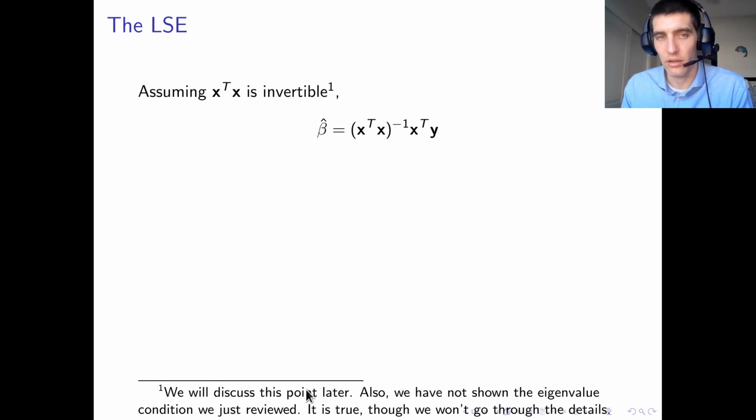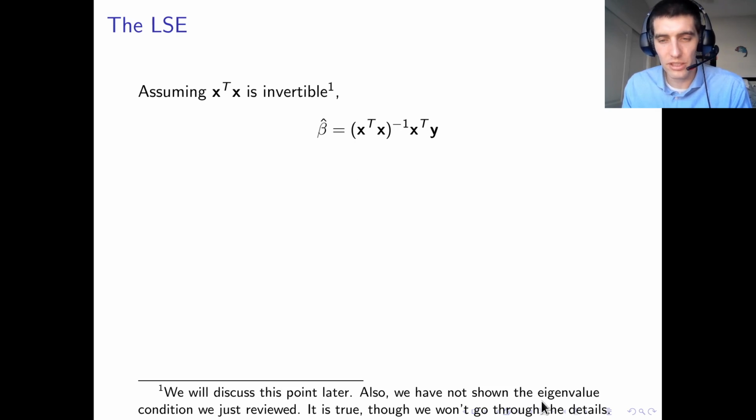We're going to get to this point later. In general, it's kind of difficult for x transpose x to not be invertible. So we're going to just assume it is for now, and we will talk about it in the future, a more advanced topic where we're going to open up a big Pandora's box. But if x transpose x is invertible, this is our solution for beta hat.